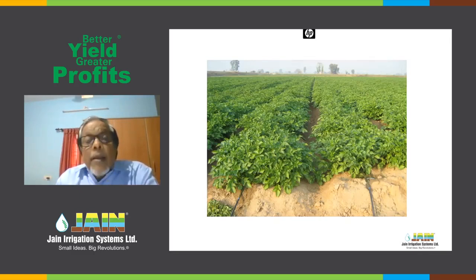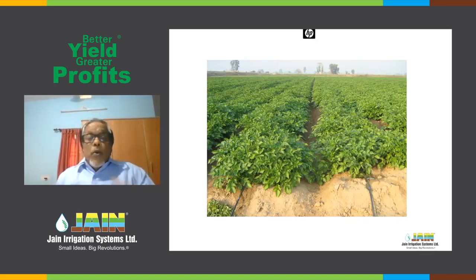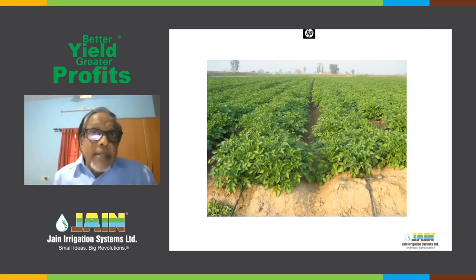Here again, if a commercial person, without looking at all these aspects, is allowed to do so, because now government has put controls on all these things, if he doesn't have control, he might give even 3 drip lines. Potato is a very expensive crop, a very high income crop. So why don't you go for 3 drip lines? We never ask that question to any farmer.